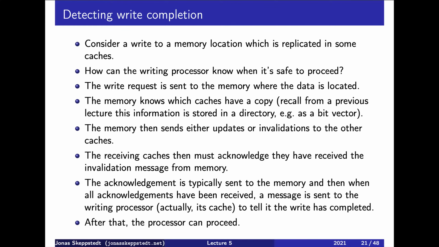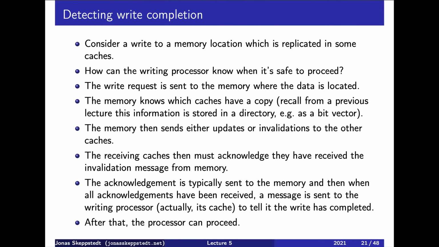I will comment on write update later, but we will not go into that in particular detail, just noting that it's a little bit more complicated. So the receiving caches of these invalidation commands or requests must reply so that the memory knows that they have removed their copies.